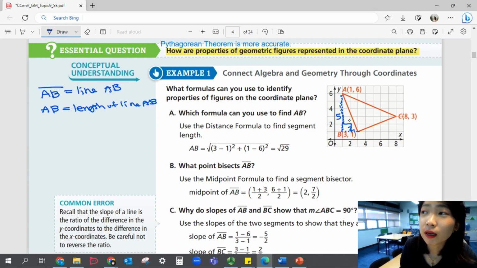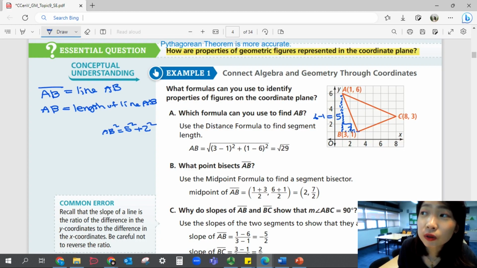So using the Pythagorean theorem, you can represent AB as AB squared is equal to 5 squared plus 2 squared. Okay? But how do you figure out 5 and 2 if you are not allowed to just count it? You use the coordinate points. So 5 represents the difference of the y values of the points. So 6 minus 1 is 5.